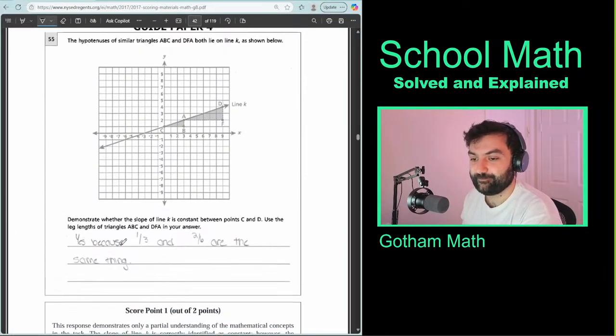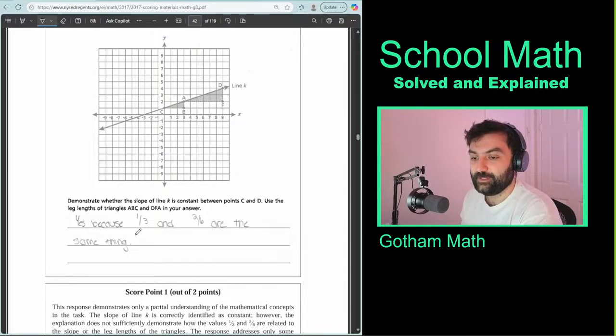All right. Next answer. Yes, because 1/3 and 2/6 are the same thing. Do you see this? 1/3 and 2/6 are the same thing. And no further explanation. Why? Constant, not constant? The question is, is the slope constant?